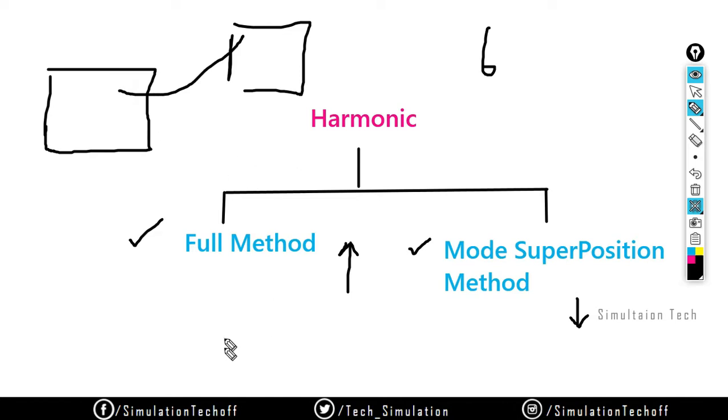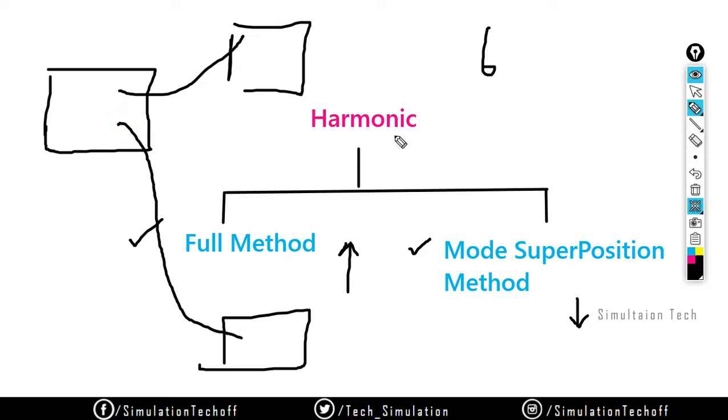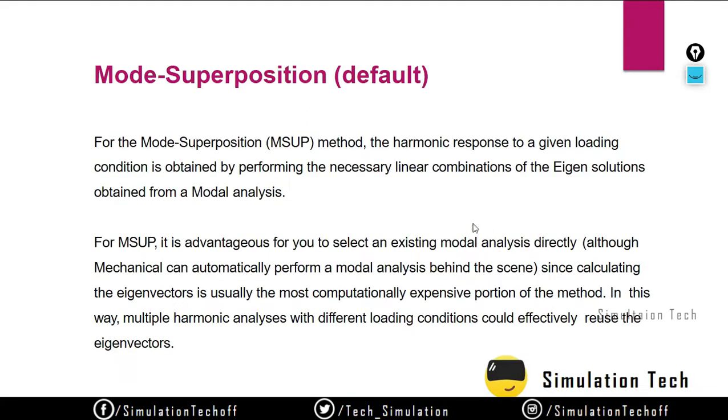For the 6 systems you can share from the single modal analysis. For one time you need to do the modal analysis, after that you can transfer the data to multiple harmonic systems. Okay, so it's comparatively a much less expensive method computationally. So you can do the mode superposition method here.